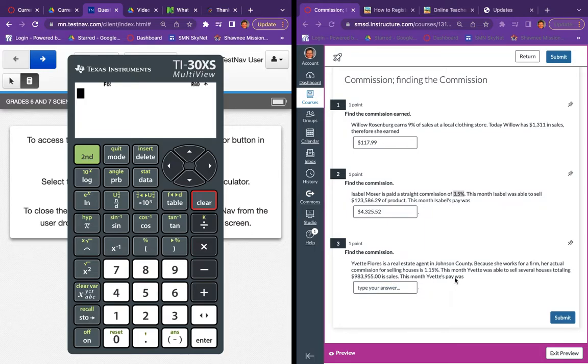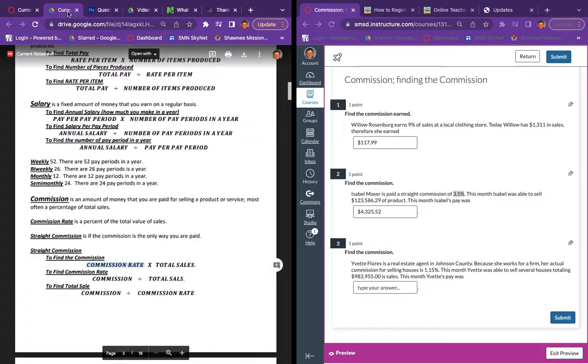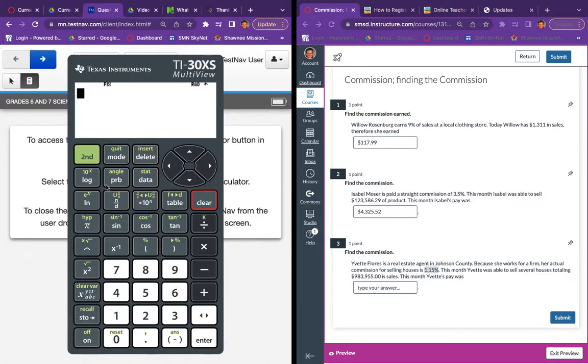This month, Yvette's pay was. So again, this says we want the commission rate. Okay, so she gets 1.15%. That is $1.15 for every $100 in sales.